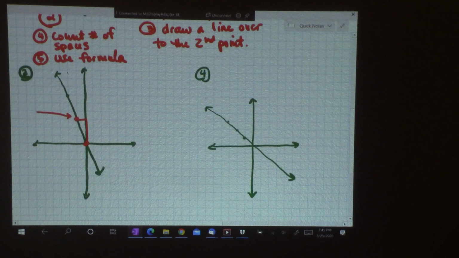So I'm going to go over to the left. My triangle is facing in the different direction. So you have to go up or down, right or left, in order to get to the other side, wherever the other point is on the line. So this time I went up 3 and I went left 1.